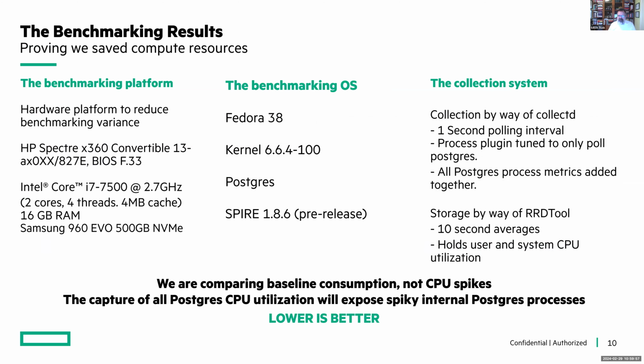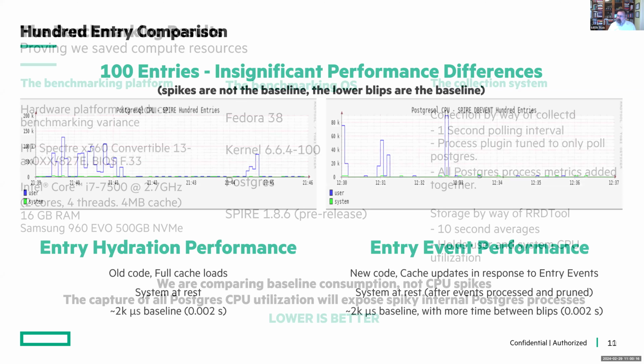For all of these benchmarks, we're going to be measuring CPU on the database processes of Postgres, and lower values are better here. Now, one thing that you'll notice in the data is that the values are rather spiky, okay?